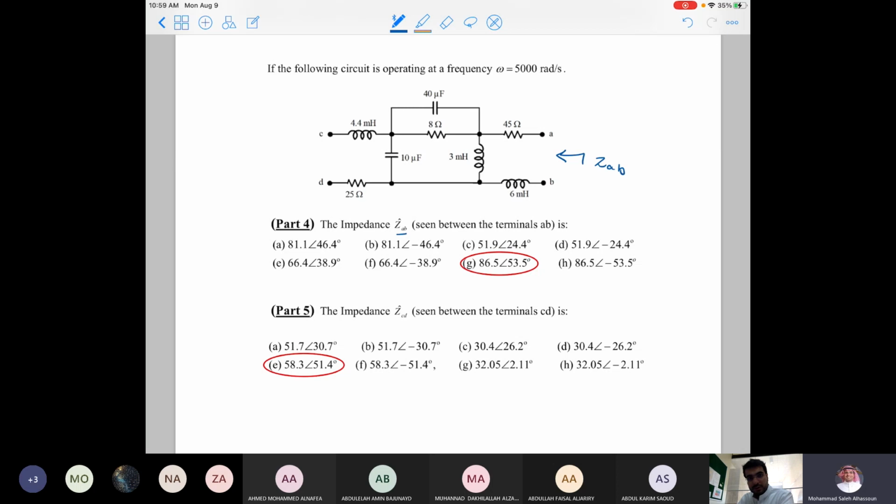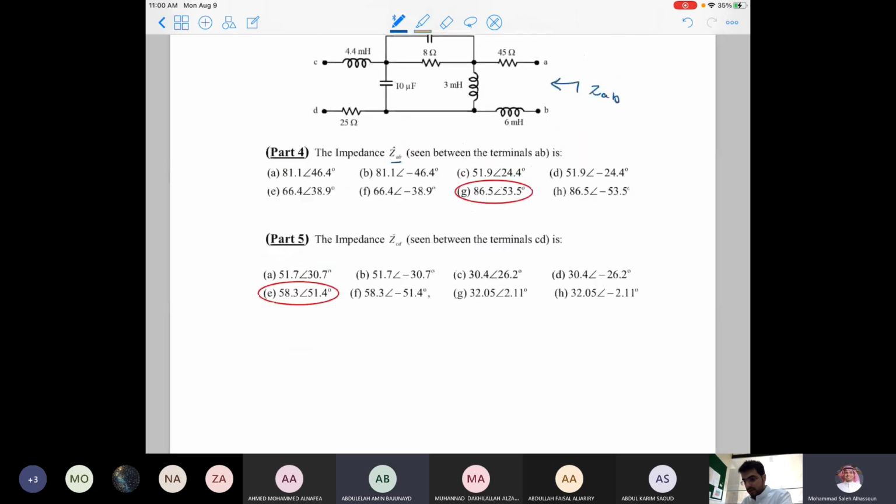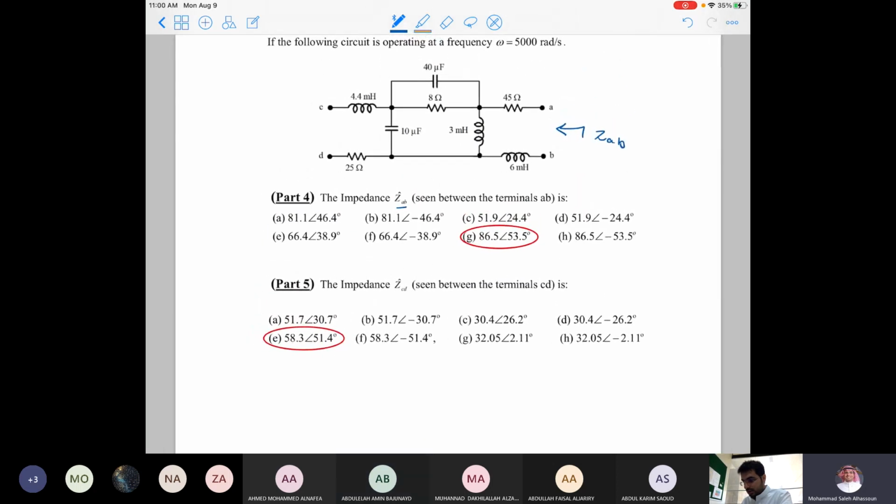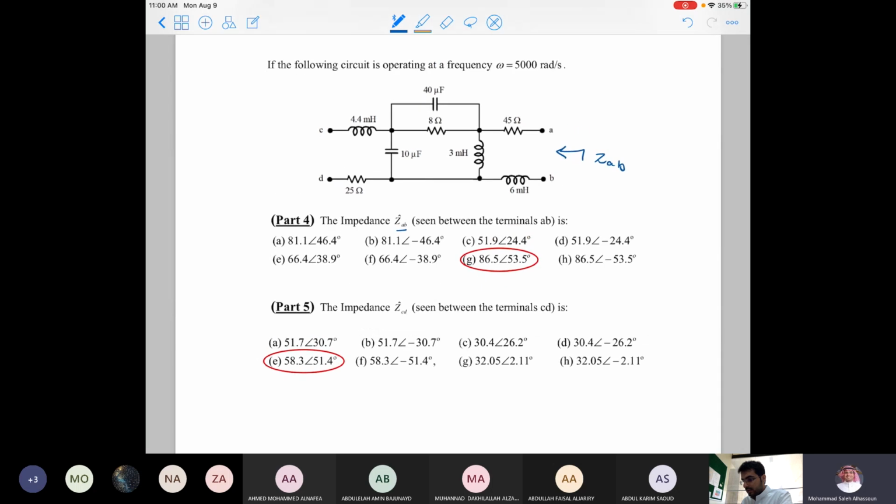So what will be the first step in analyzing this circuit? The impedance at C and D will be cancelled. No, before that, I need to do something before that. So I need to write the impedance for each single element. So we're given the value of the inductance, the capacitance, but we're not given the impedance.